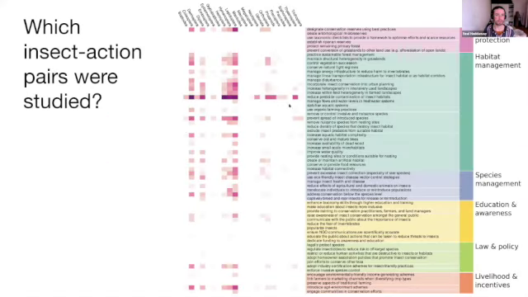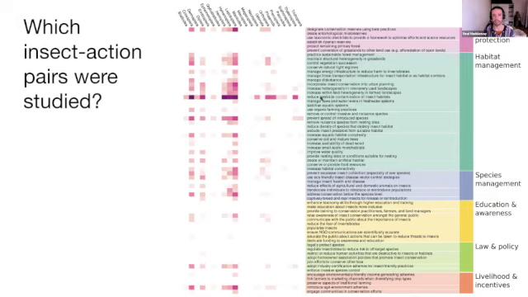This shows the conservation actions, and here we've colored them by the general type of action. Down the right-hand side, you can see those groups that I mentioned before: habitat protection, habitat management, land and species management, etc. You can see some of the main subcategories; we have multiple levels of actions here. This is separated in this slide across insect taxa.